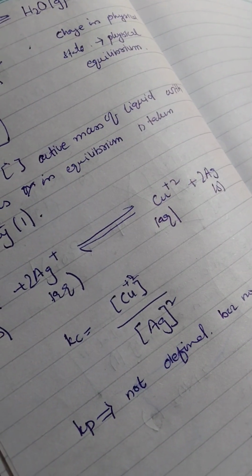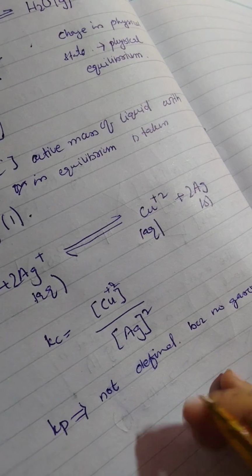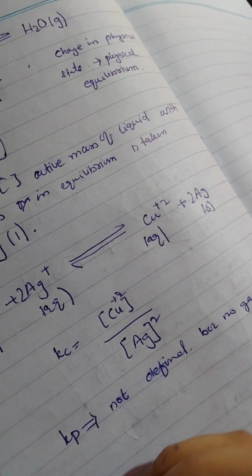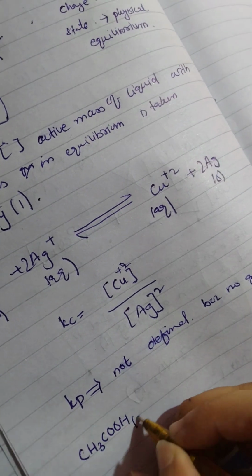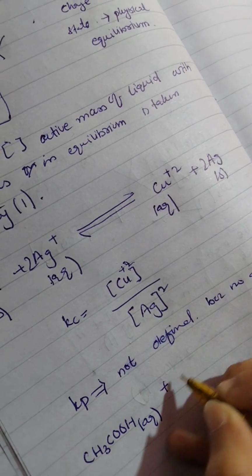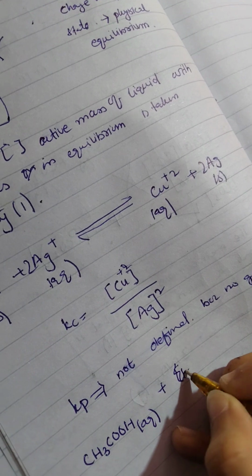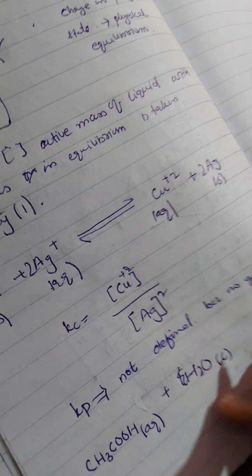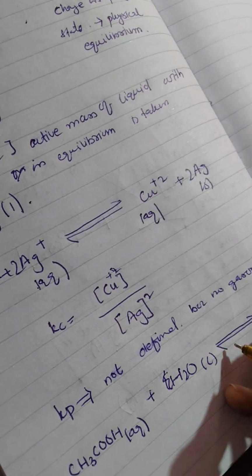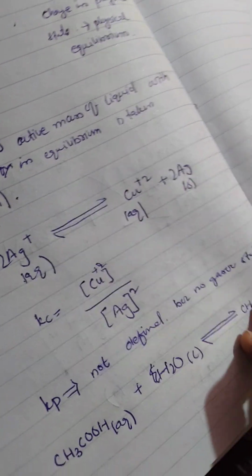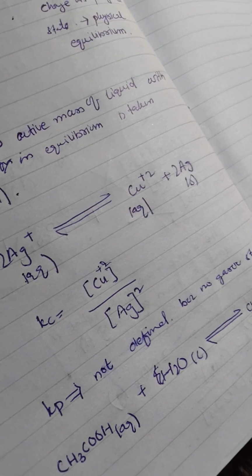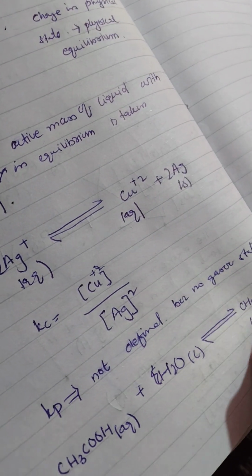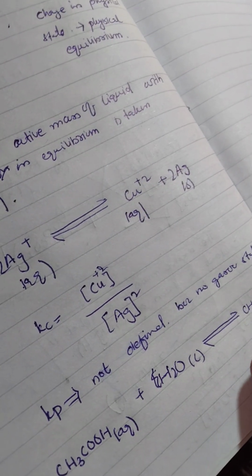Okay, let's look into another equation, for example, CH3COOH, which is in aqueous form, plus H2O, which is in liquid form, gives CH3COO minus plus H3O plus, which is in aqueous, and this is also in aqueous form.